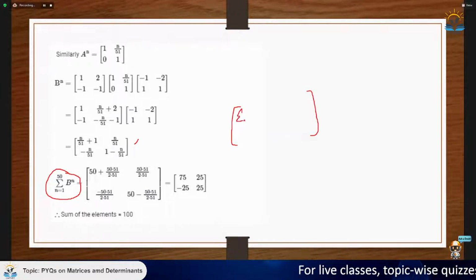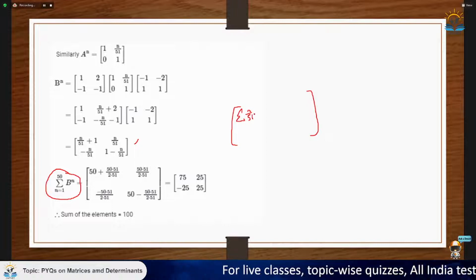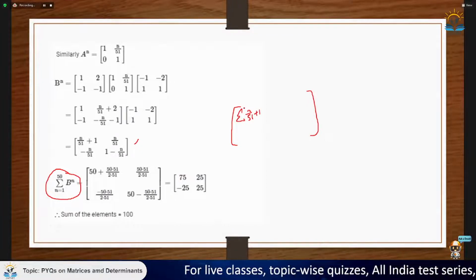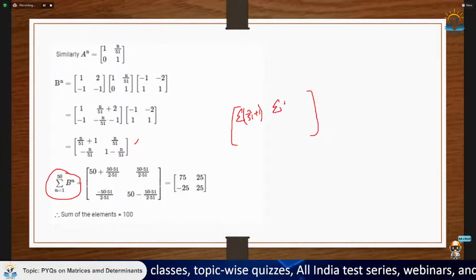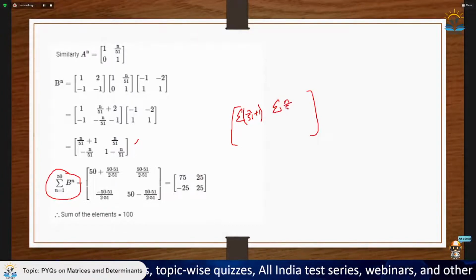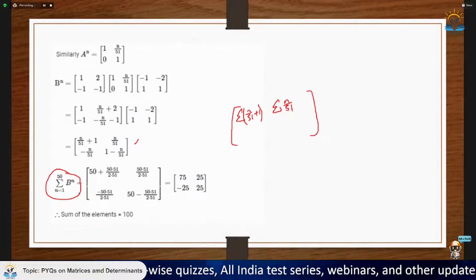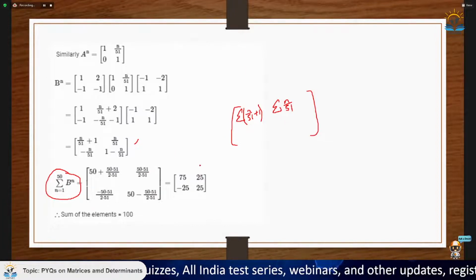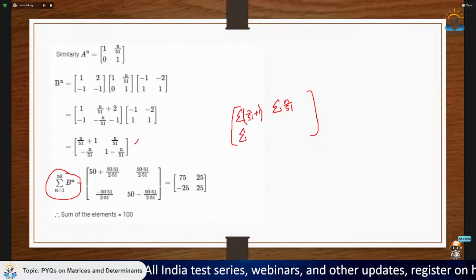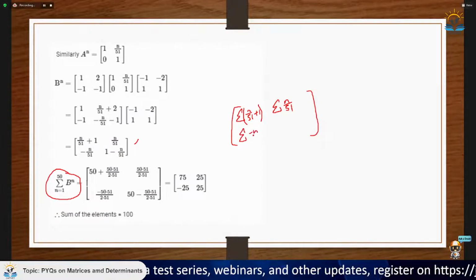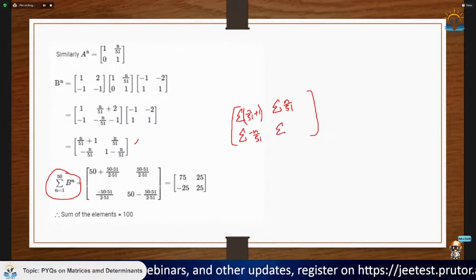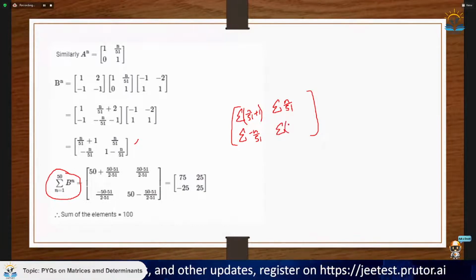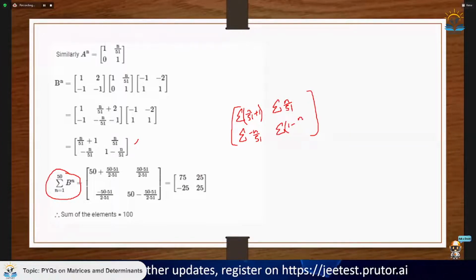You are applying sigma n by 51 plus 1, then sigma n by 51, because you need to calculate the sum of elements, no? For each matrix from n equal to 1 to 50. That's why you will apply sigma on each element. Sigma minus n by 51, and then sigma 1 minus n by 51.